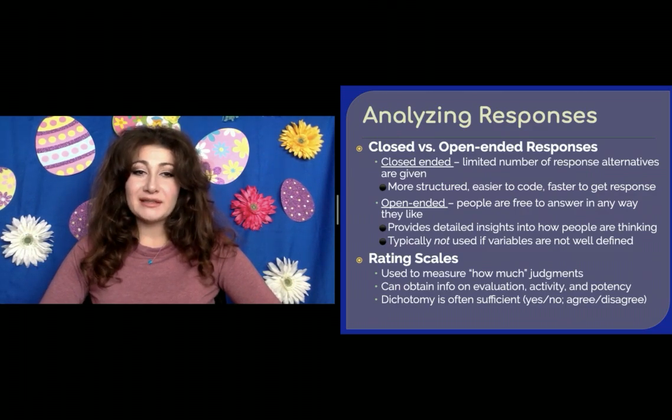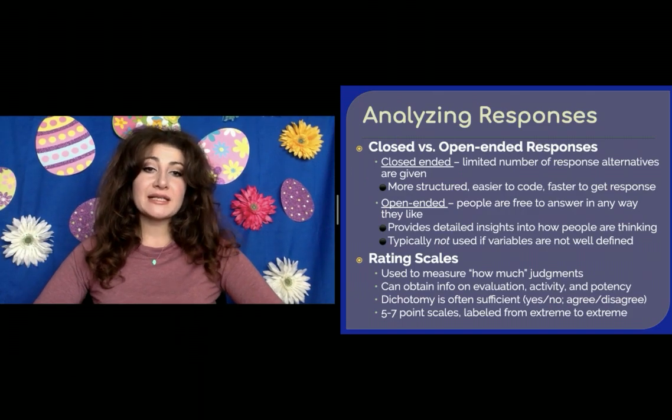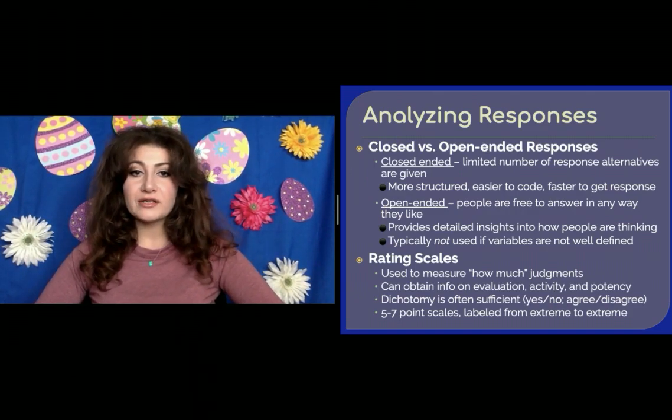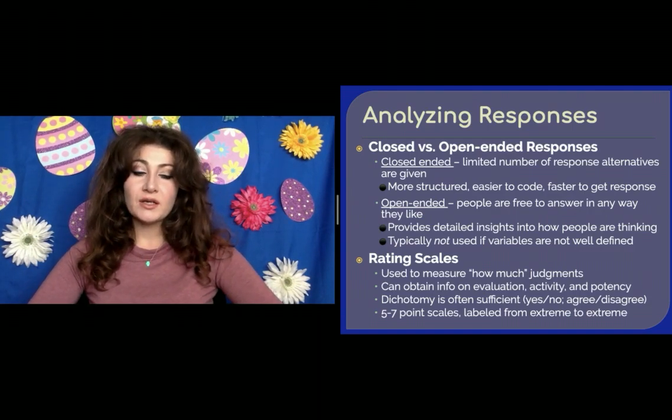But again, the less questions like this that you have, the better, and the less likely you will have skewed results. Typically, rating scales have 5 or 7 anchors, and they're labeled from one extreme to another.